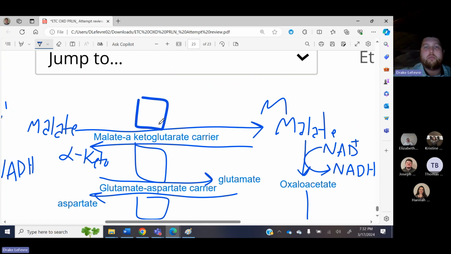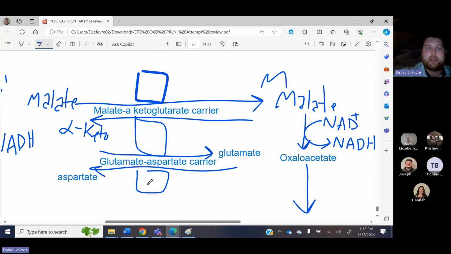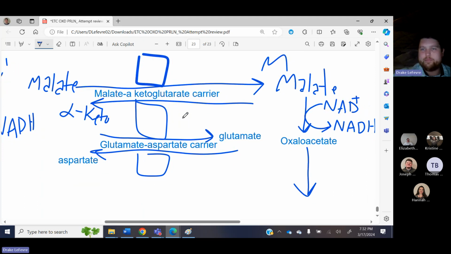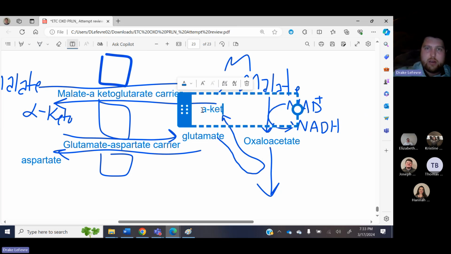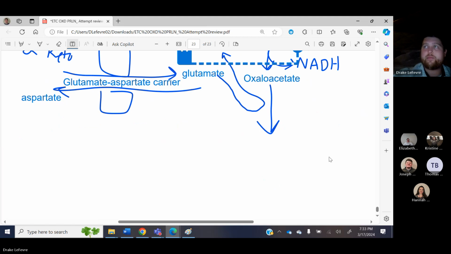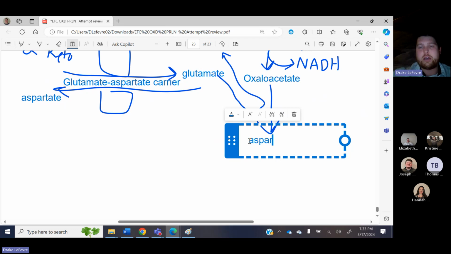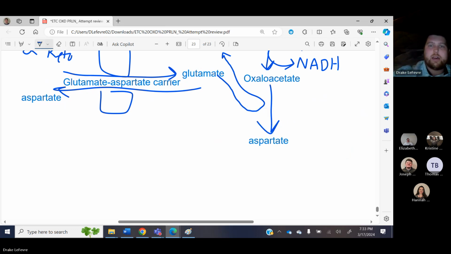That's why it's called the malate aspartate shuttle, right? The glutamate interacts with the oxaloacetate. By reacting, it becomes alpha ketoglutarate, which then turns the oxaloacetate into aspartate. That aspartate goes across.